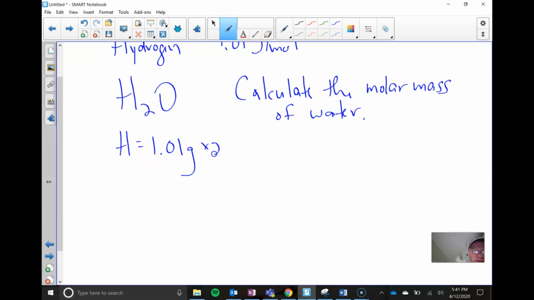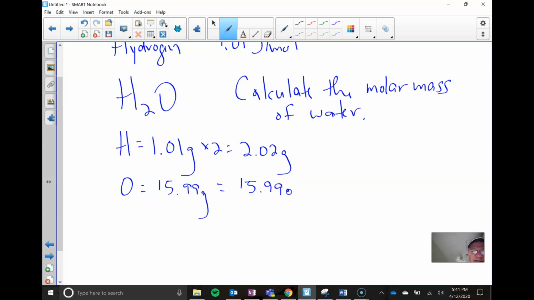So we're going to multiply that by 2 and get 2.02. So I've got 2.02 grams worth of hydrogen in 1 molecule of water. All right, for oxygen, I'll look on the periodic table, and oxygen has a molar mass of 15.99 grams. And I just have 1 of those.